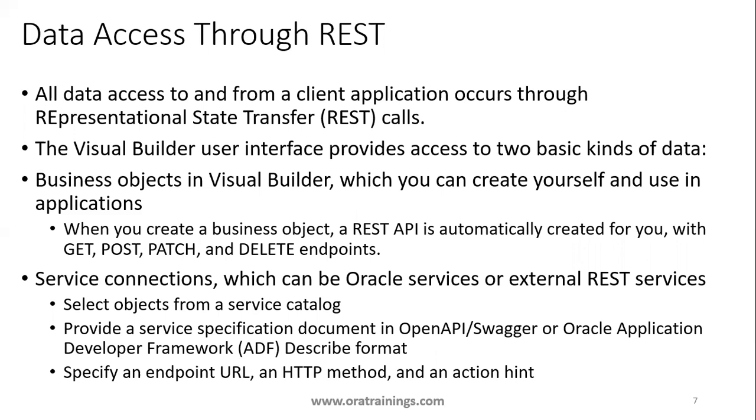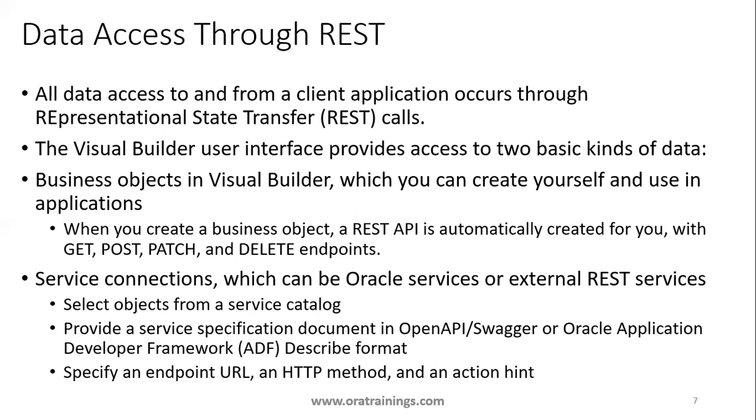A REST API provides an endpoint. Based on your service provider, let us say you have a supplier creation API from Oracle Fusion. The supplier Fusion REST API has to provide all these operations. Based on these operations, you can invoke those operations from your VBCS application via REST endpoints.